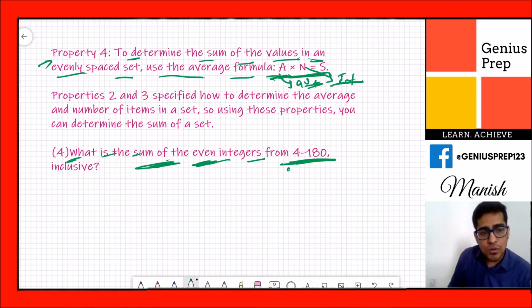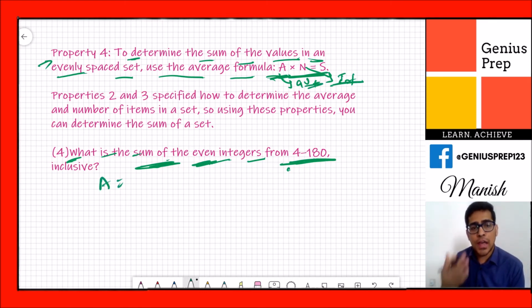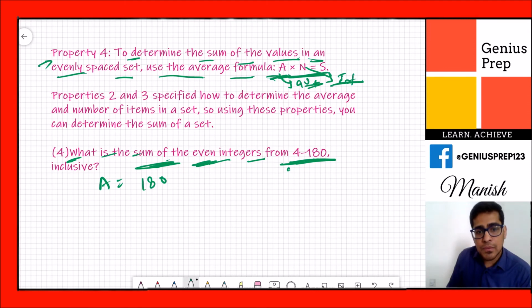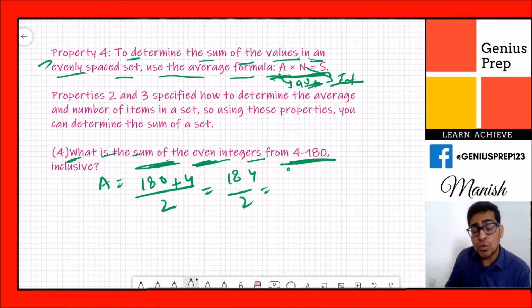For the average, which property talks about the average? Property number 2. It says the last number plus the first number, divided by 2. So 184 divided by 2 is 92. So first, A is 92.